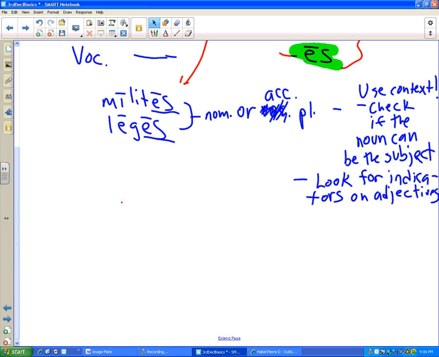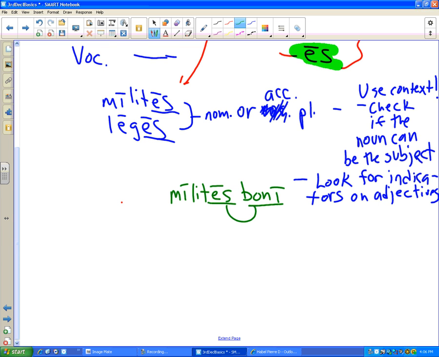So if I threw at you a phrase like milites boni, good soldiers, in a sentence, even before you got to the verb, you'd be likely to say, hey, milites and boni can both be masculine nominative plural forms, and chances are good soldiers is the nominative plural subject of the sentence.